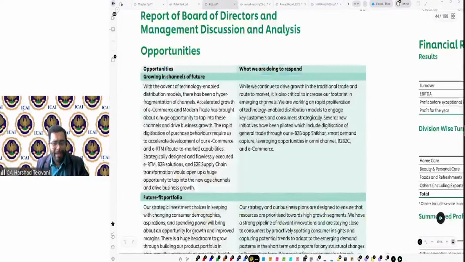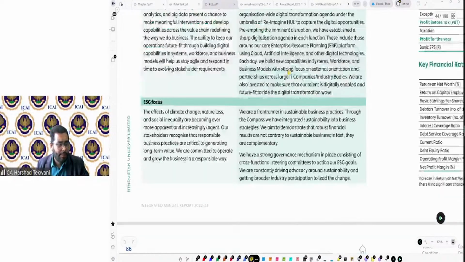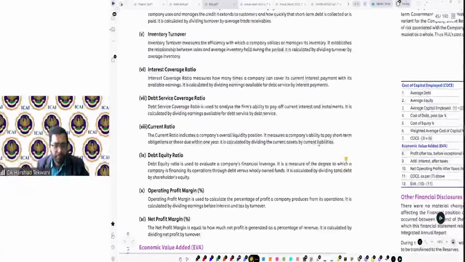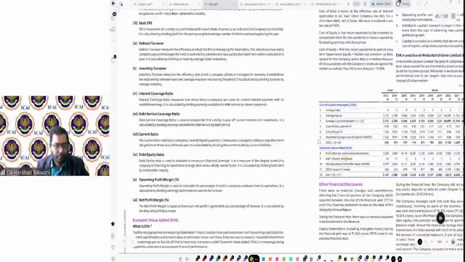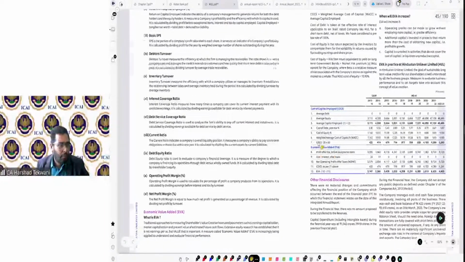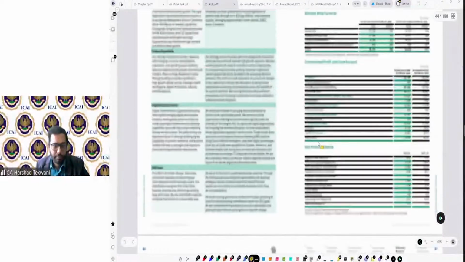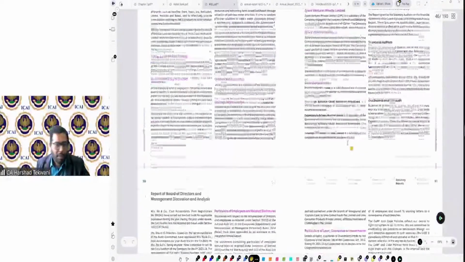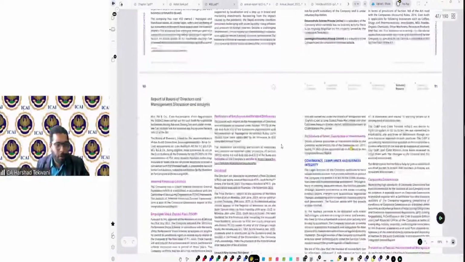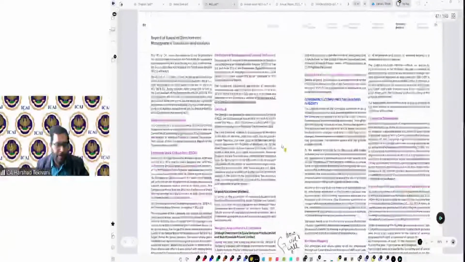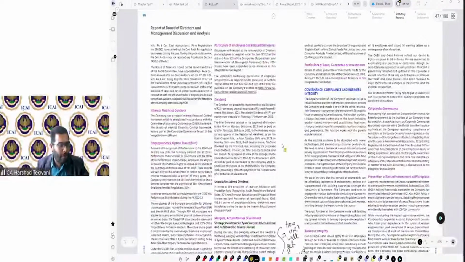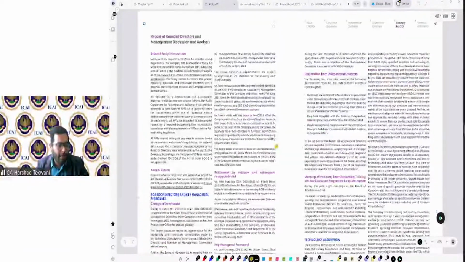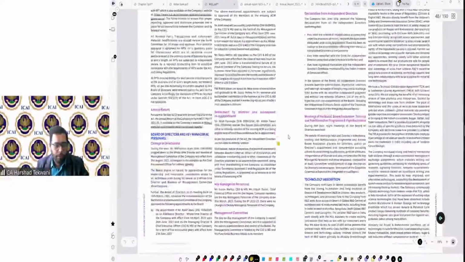So the report of board of directors. Okay. And so there is a portion with respect to the fraud, if there is any. Okay, so we will see whether there is any fraud which has been reported by the auditor to the board, and whether they have reported the same in their board report or not.